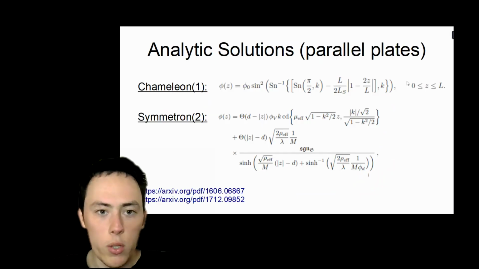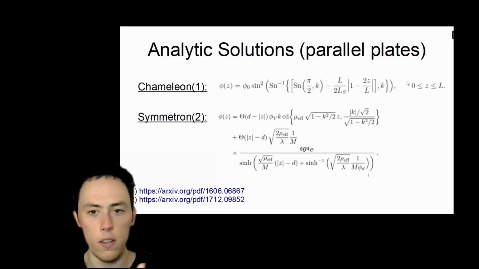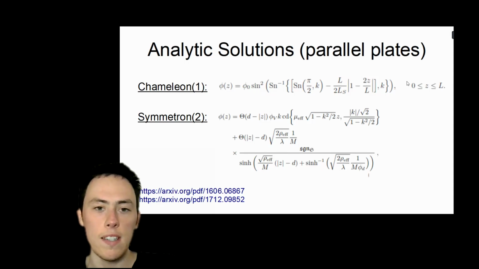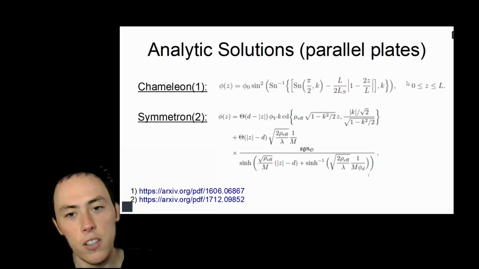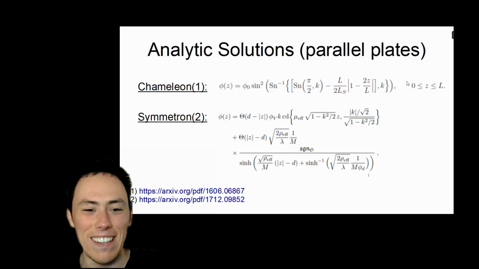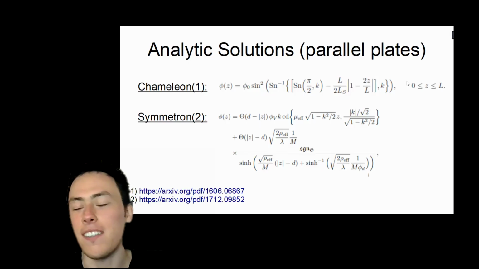So I briefly showed you the equations for the simple case of two parallel plates, so effectively a 1D problem. You can solve them analytically. Here are the equations. I show you these with the intent of showing you that they are complicated. Here we've got Jacobi elliptic functions, and it doesn't get better.